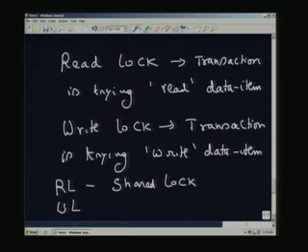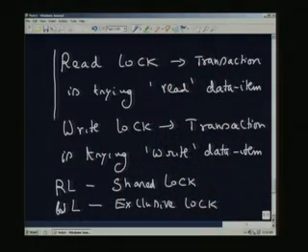That means there will not be any violation if more than one transaction tries to read the same data item, but at any given point of time only one transaction can write on the data item. So, when we abbreviate write lock as WL, this is also called an exclusive lock. That means this lock will be granted only to one transaction, whereas the shared lock can be given to multiple transactions at the same time.